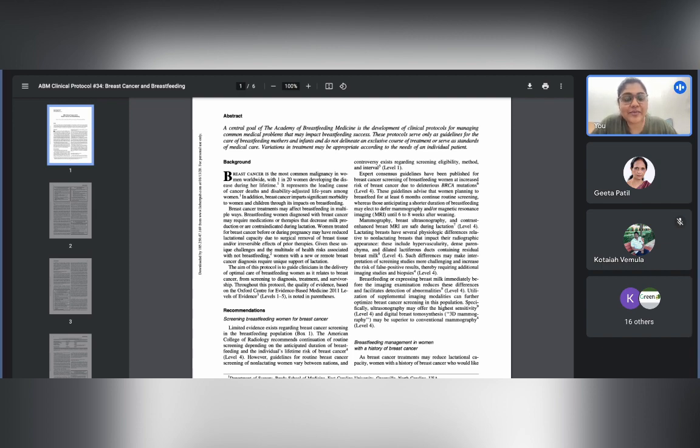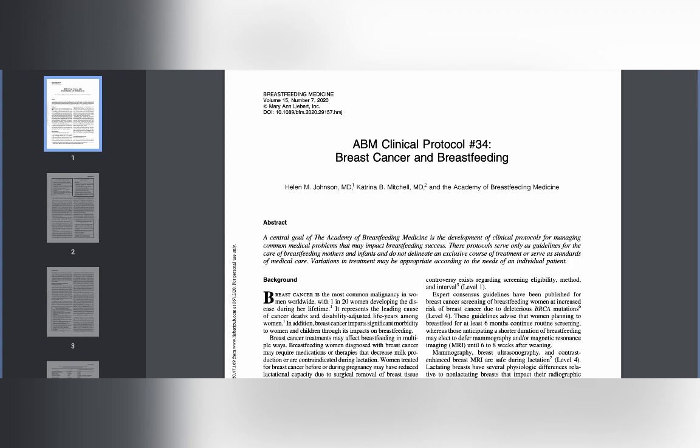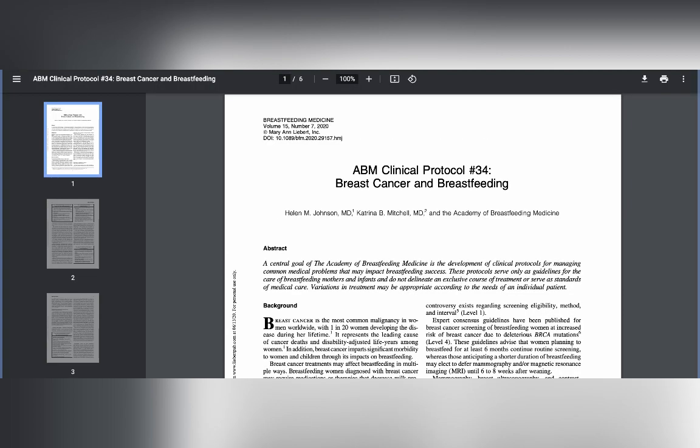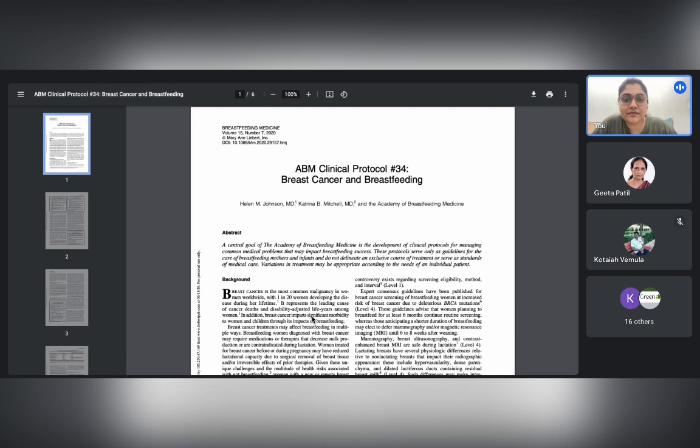If anybody is interested, I can share this document with all of you, and you can go through it. This is by the Academy of Breastfeeding Medicine. They have specified that during chemotherapy it is contraindicated, but definitely there are specific times when it is not a contraindication to breastfeed.